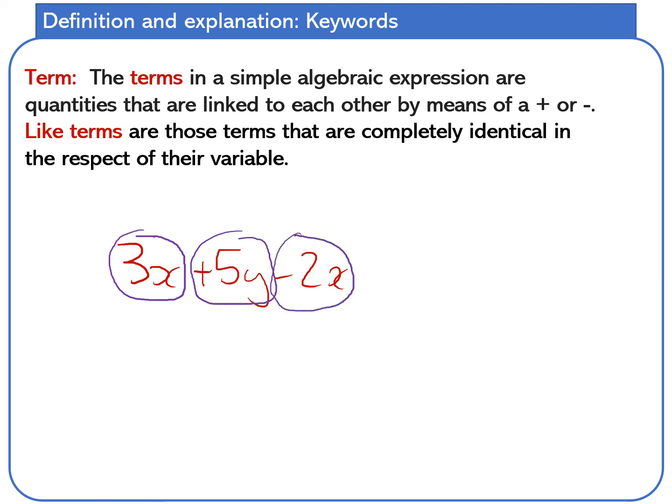These separate parts like 3x or 5y. The like terms would be the 3x and the 2x, and I can simplify that. So I'll end up with 3x minus 2x is 1x, or just x, and then we've got our 5y.